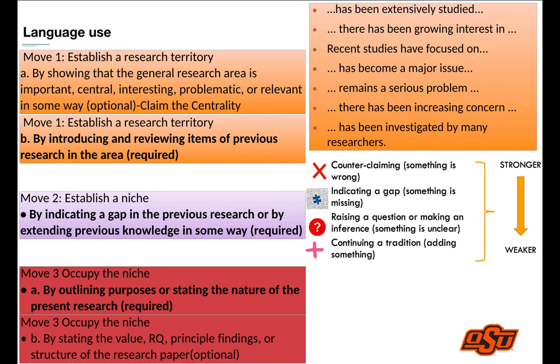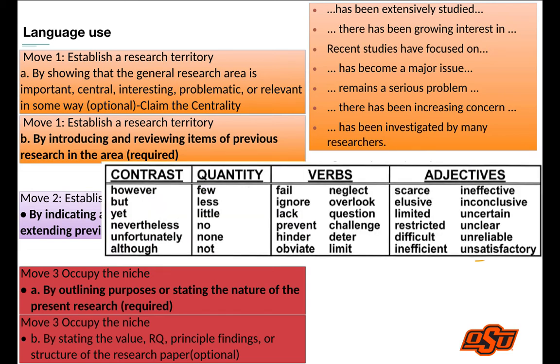And what kind of language is likely to be used in this move? Yes, great. We are likely to use some negative evaluations and contrastive connections. So here are some choices. We might use, "Something blah blah blah is good. However, little attention has been paid in this area."